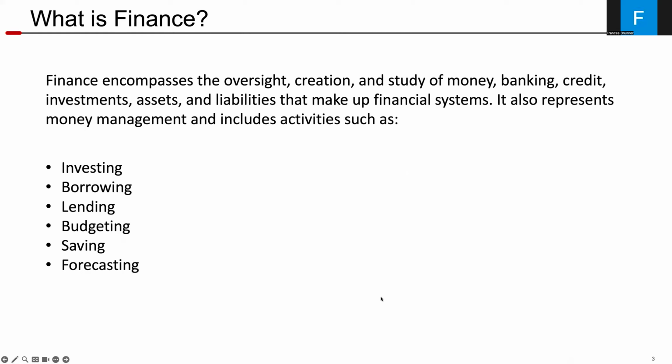Right. So what is finance? The finance function is responsible for managing a scarce resource, capital. It's a function in the business that acquires funds for the firm and manages those funds within the firm. So this can include assets, investments, and liabilities that make up the financial system.